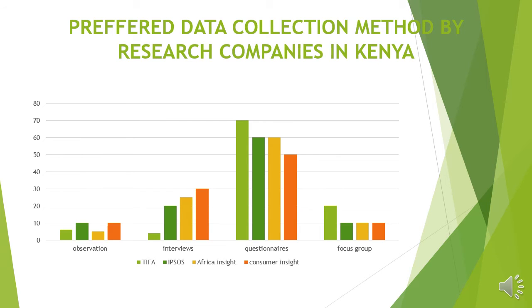Looking at this, we've realized that observation and focus groups are not widely used, with fewer than 10 of the occasions showing their frequency of use. The main one that is widely used is questionnaires, used by most of the research firms.